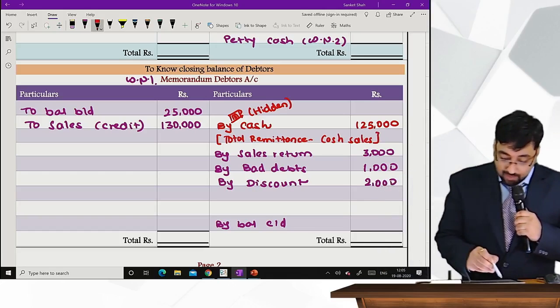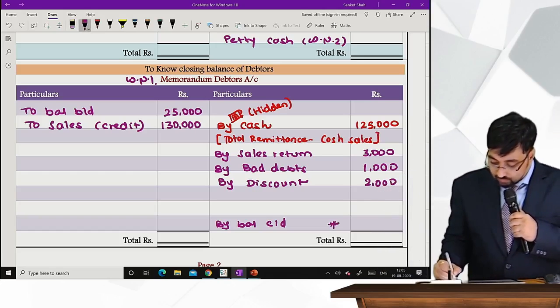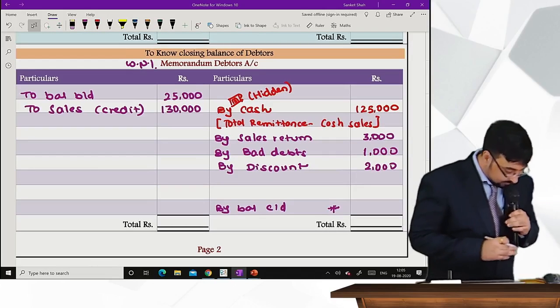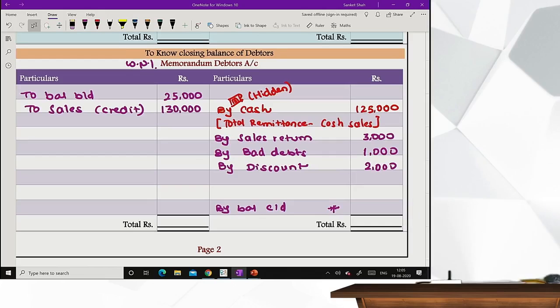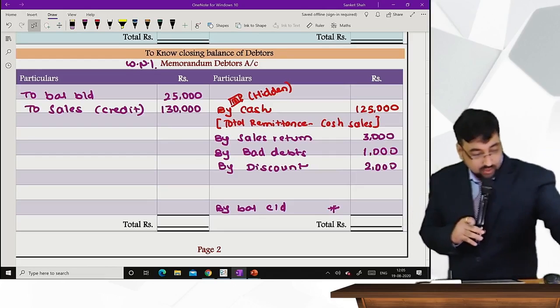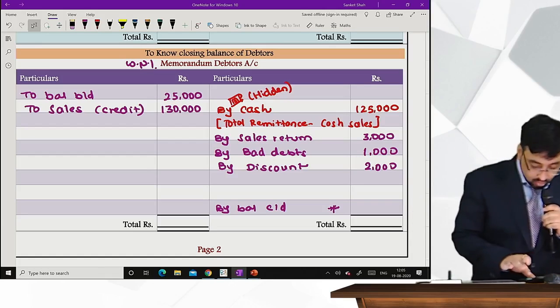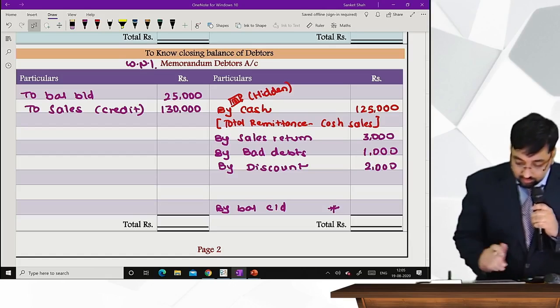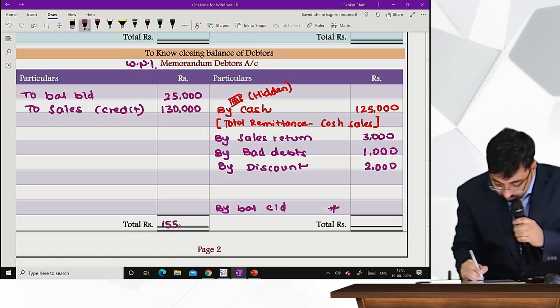So friends, what is the balance carried down? Please give me the calculator. Some students are not at all solving these questions. It's very interesting. 130 minus 25, 1,55,000.